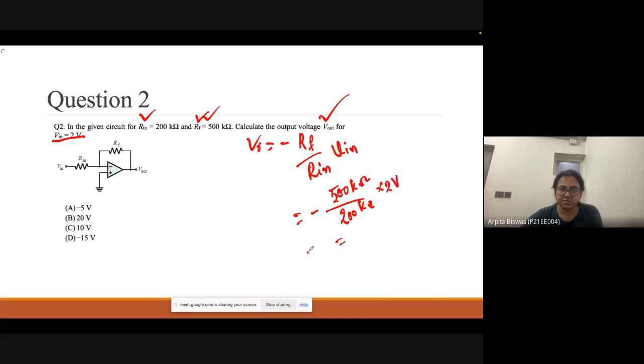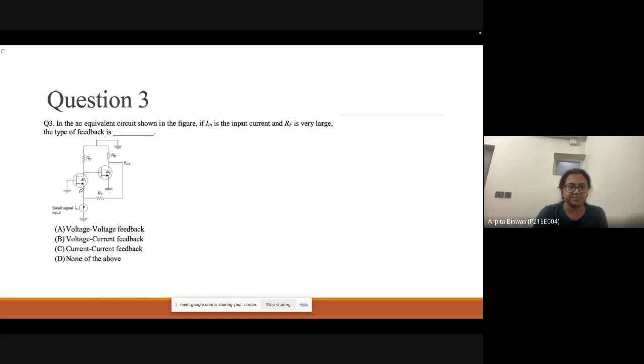So V output is equal to minus 5 volt. Okay. So what is the right answer here? Option A. So next, moving towards question number 3.